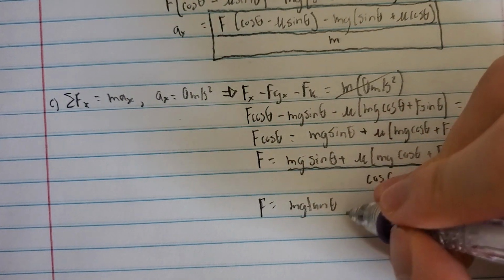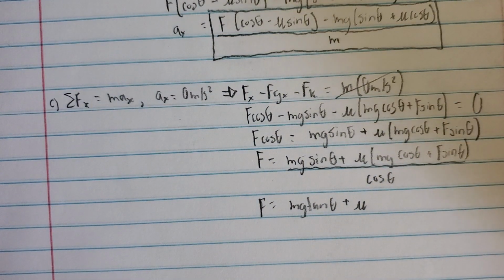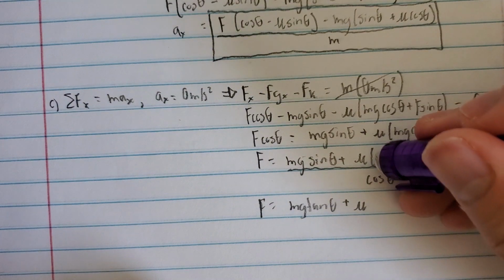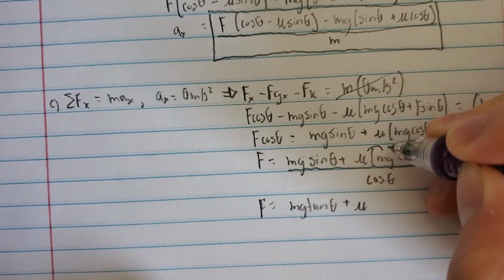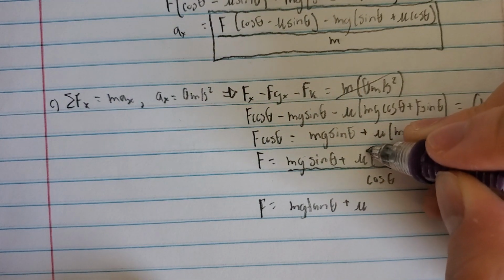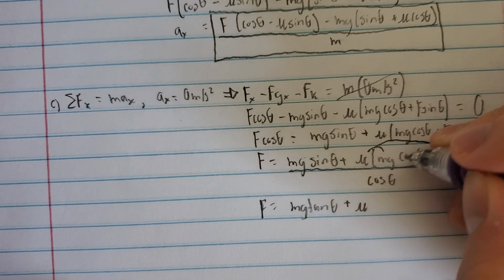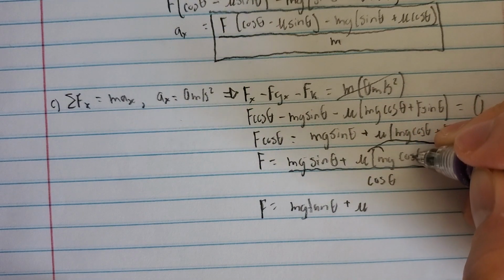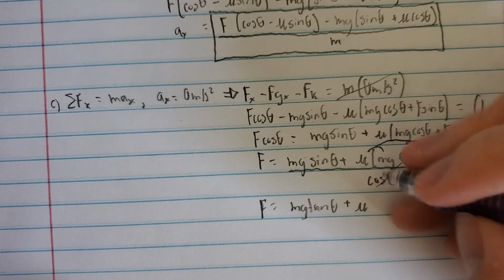First of all, I'm going to distribute mu to each of these terms in here first. That leaves me with mu mg cosine of theta, and then divide by cosine of theta, so this cancels out.